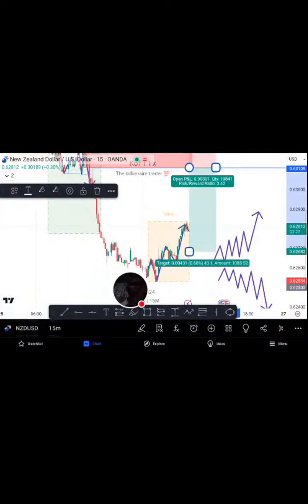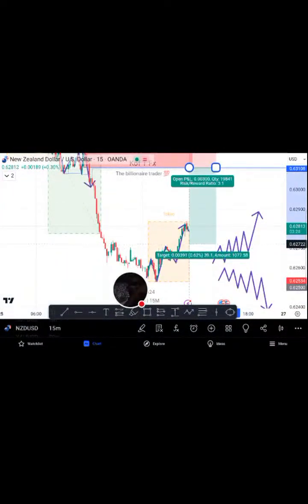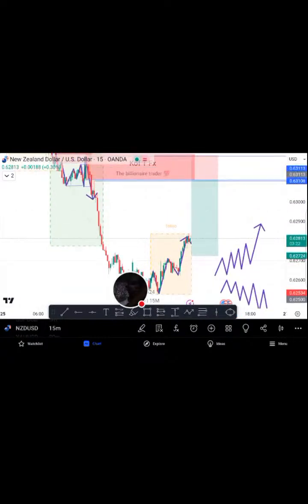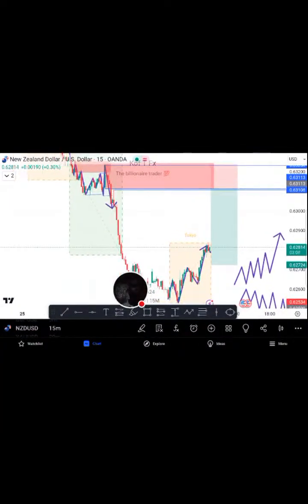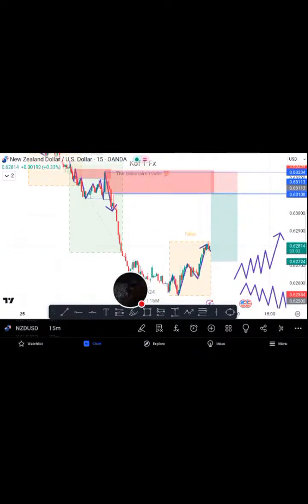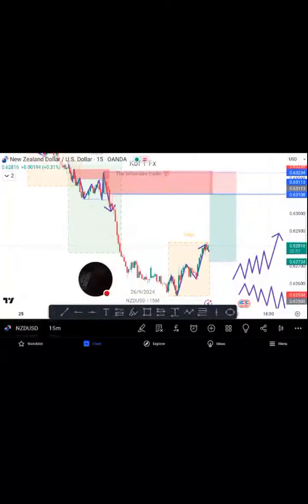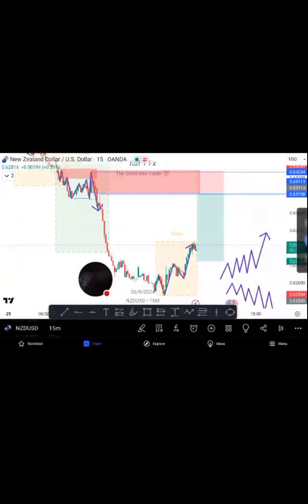So this limit now, if it's hit to activate before 350, I'm going to delete the limit. Then it means I won't be taking the trade any longer. So we have a sell setup on NZDUSD.